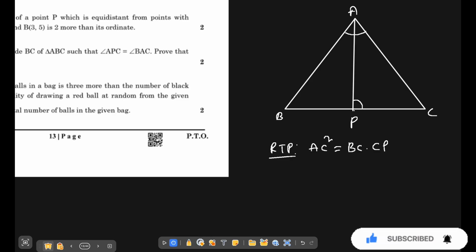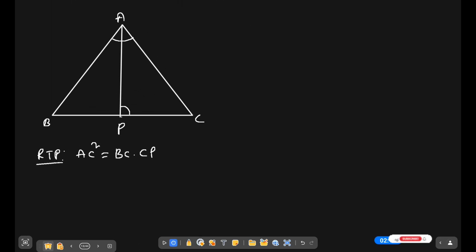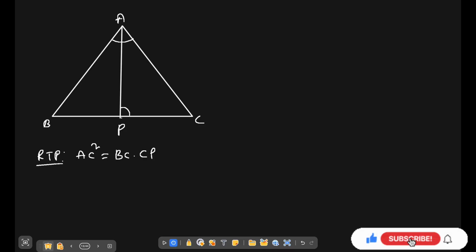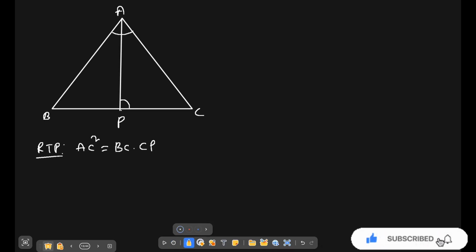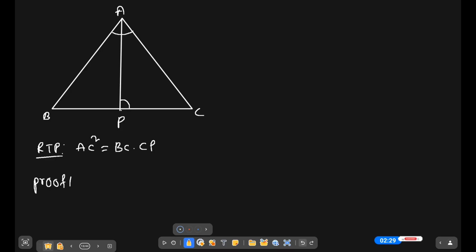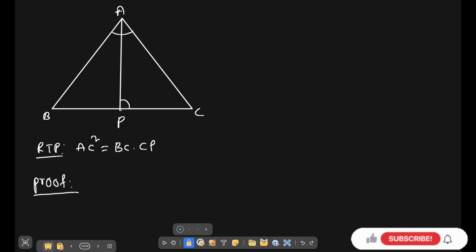So let's try to prove it. To prove this, let's compare the small triangle and the big triangle. What are the small triangle and the big triangle? It is given that angle at P in triangle ACP.